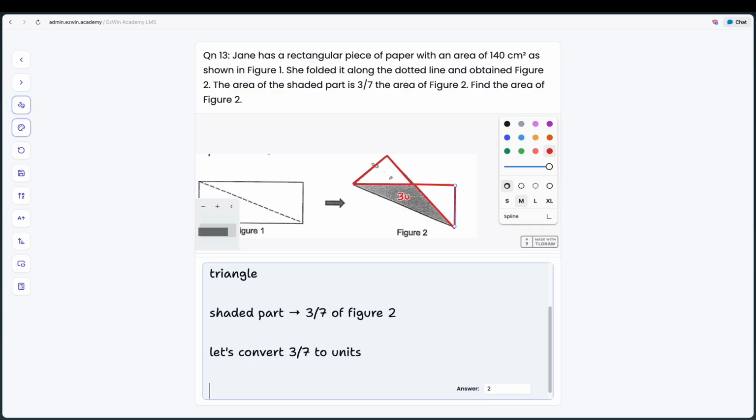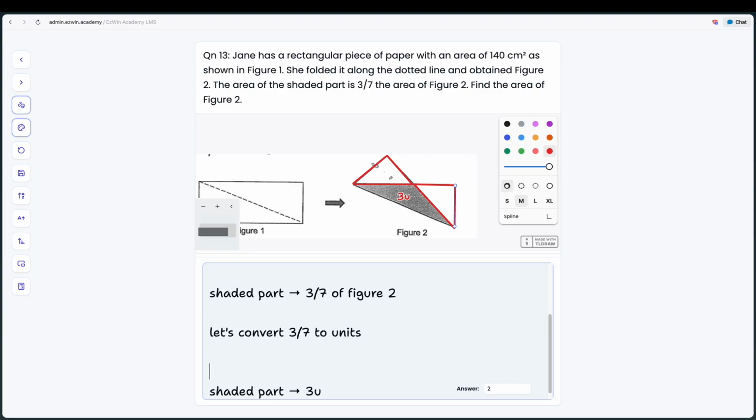So the shaded part is equal to 3 units, and figure 2 is equal to 7 units.